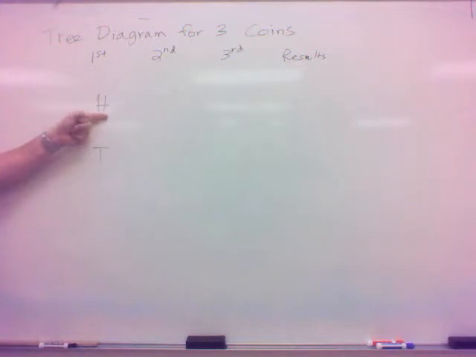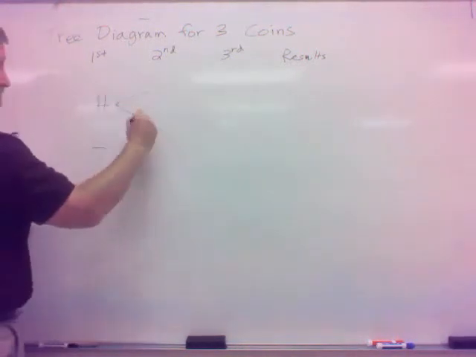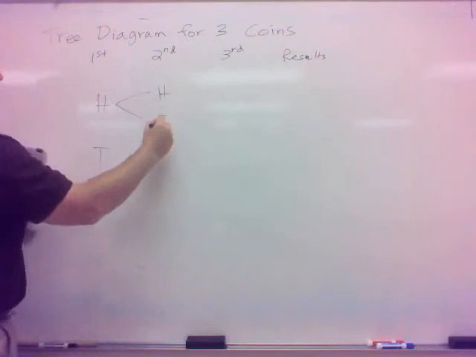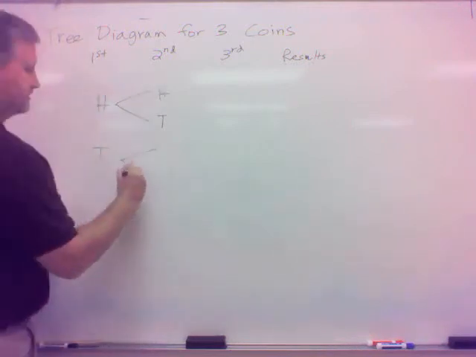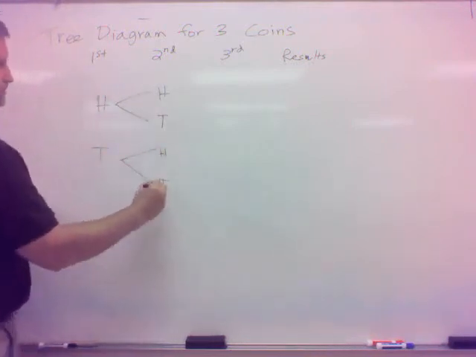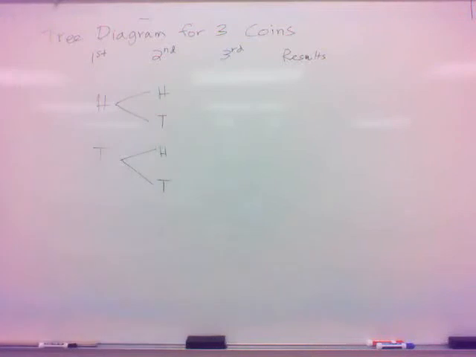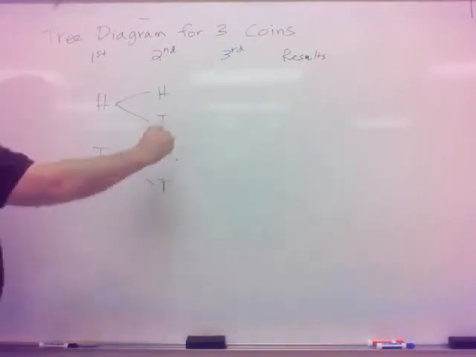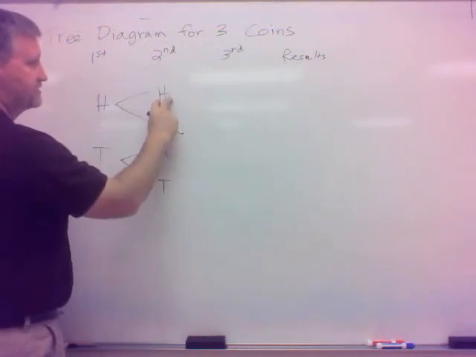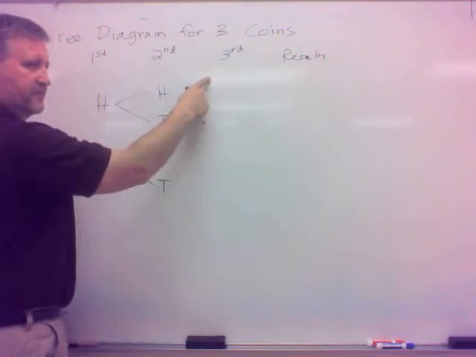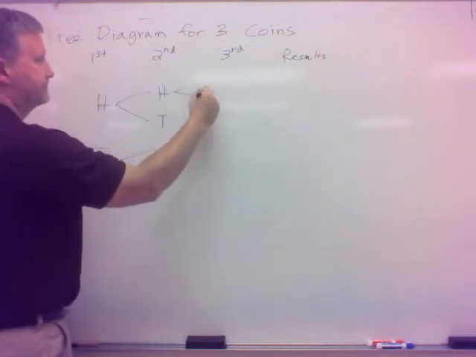I can do the same thing for the tails on the first coin, branching off to heads or tails as well. All right, well, we still have a third coin. So I'm going to branch off for it. If the second coin is this heads, then what could the third coin be? Couldn't the third coin be heads or tails again? Yep.